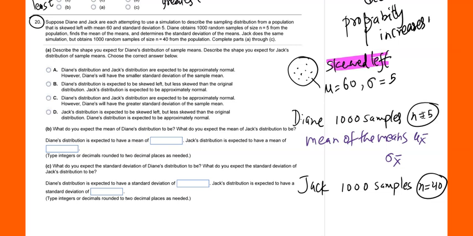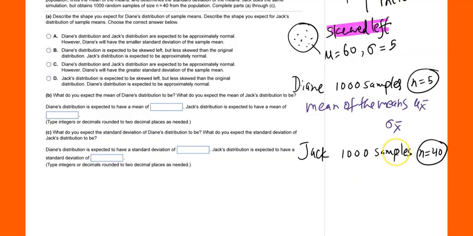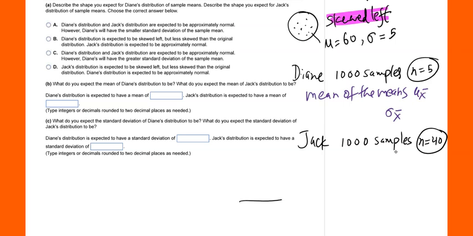Okay. Now, what you understand here is that for the sampling distribution, Diane's sampling distribution is going to be skewed to the left. But Jack's sampling distribution is going to be normal.